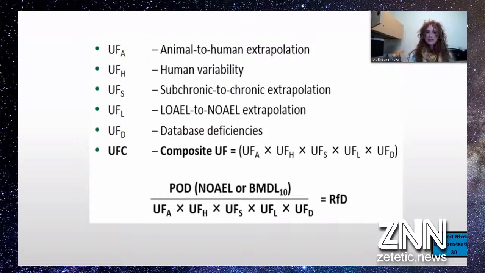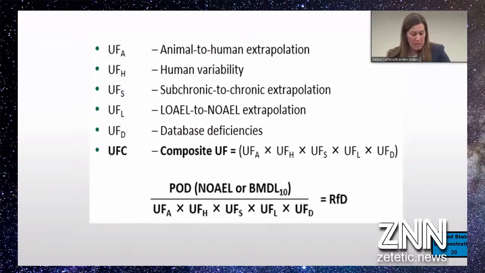So database deficiencies is an area where you begin to explore whether you have enough information to characterize concern for developmental exposures. If you had nothing there, then that would be a place where you might apply a database deficiency factor. But if you have information on your most vulnerable population, then that may mitigate the need to apply an uncertainty factor.